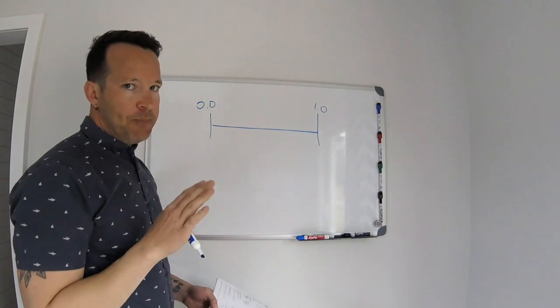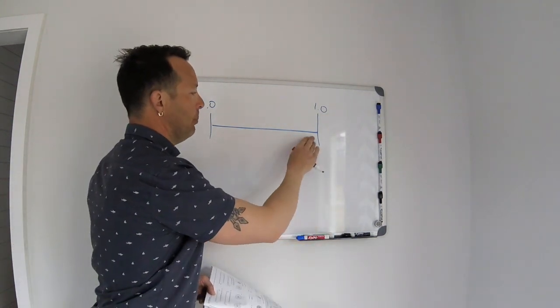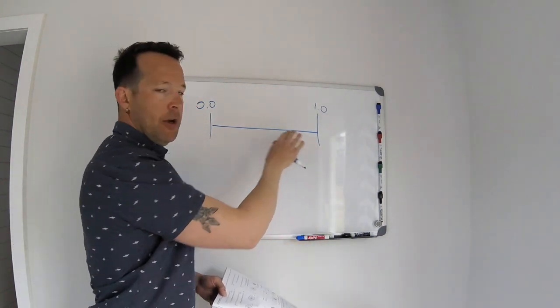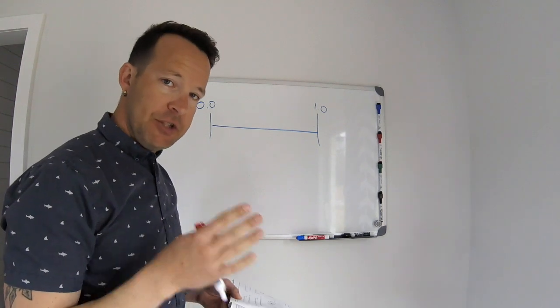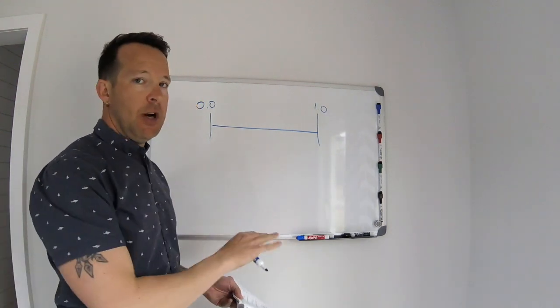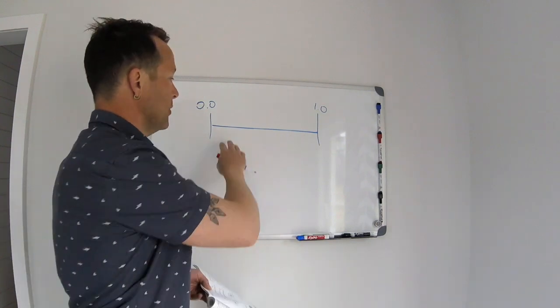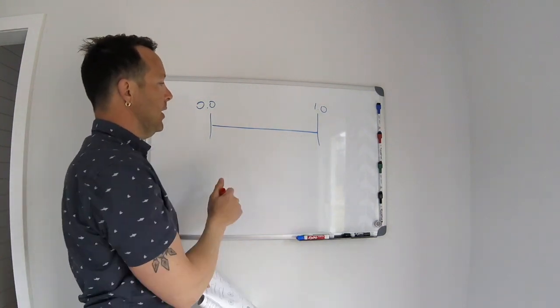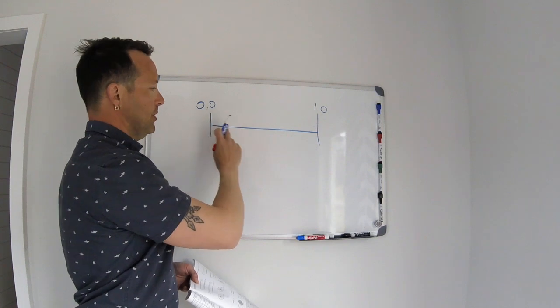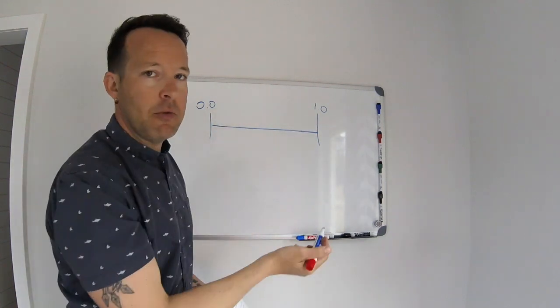Well, how many equal pieces are there in between? Well, there's 10, because we're talking about tenths. So it's always going to be 10 equal pieces. So what I like to do is pretend that this line is the top of a rectangle.